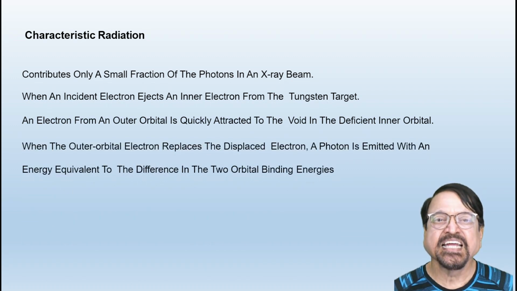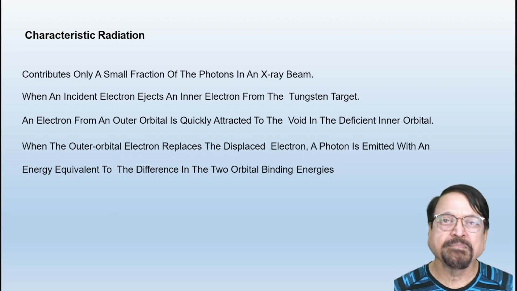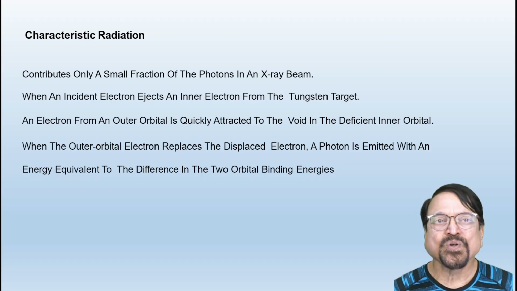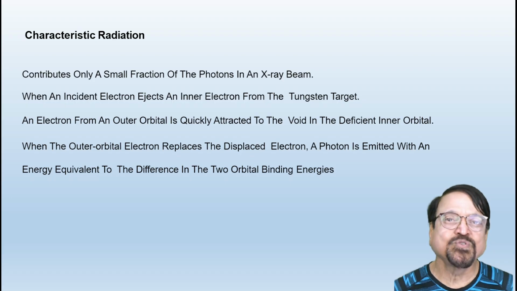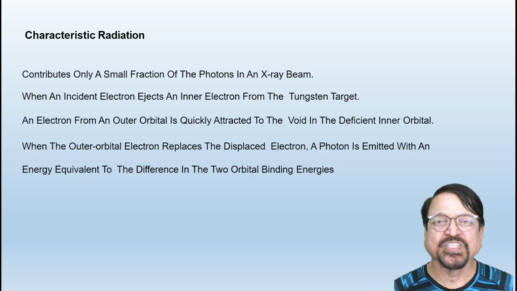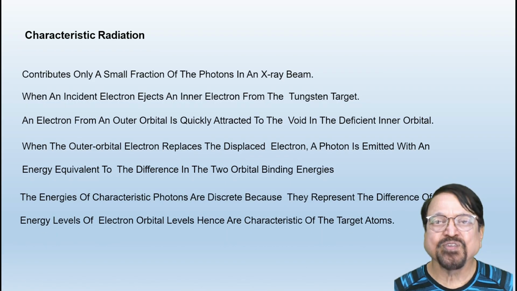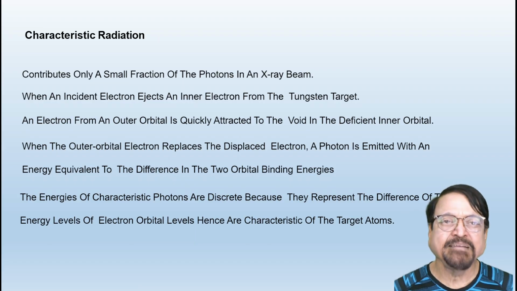Since there is a deficiency, it falls inside. When the outer orbital electron replaces the displaced electron, a photon is emitted with an energy equivalent to the difference in the two orbital binding energies. Clear?